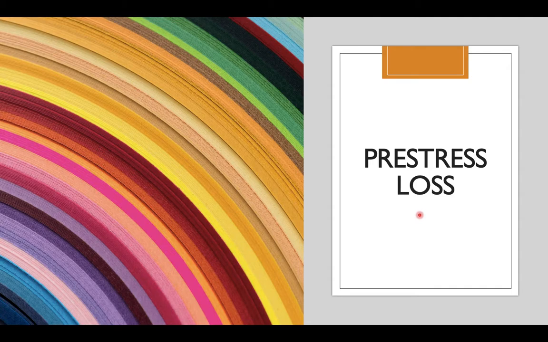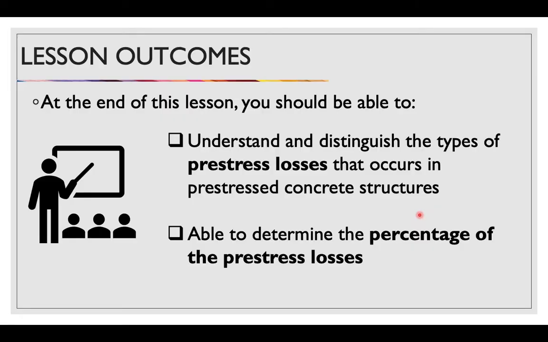So we have already learned how to use the factor which is included inside the equation, which is the K value, right? So what we are going to learn today is the types of pre-stress loss that we are considering in the pre-stress concrete design, right? So first we look into our lesson outcomes, right?